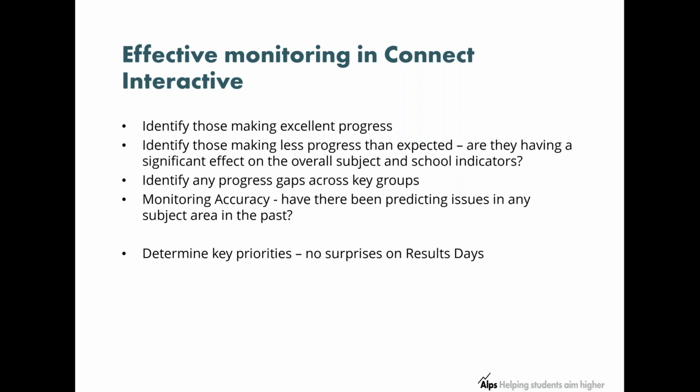And then the fourth bullet point there is really key. This is a new area. All of the above three bullet points are only pertinent if your subject areas and staff are putting in accurate grades.